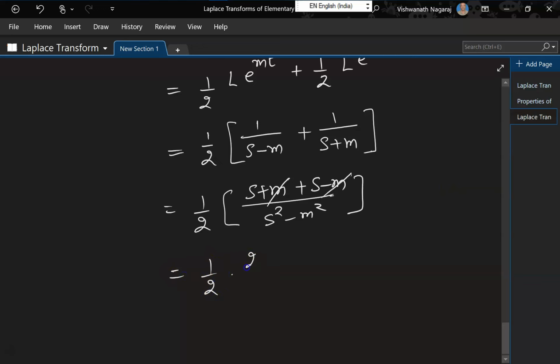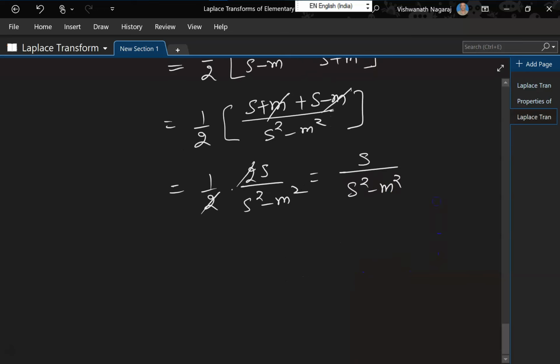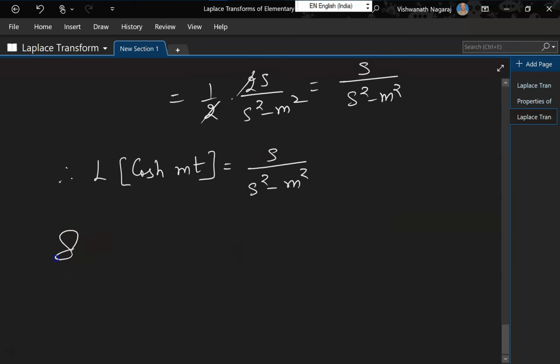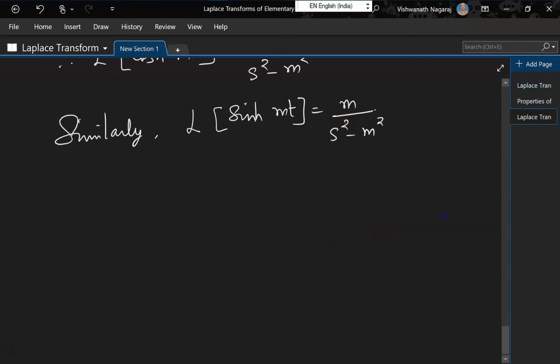Half of 2s by s square minus m square. 2 and 2 cancel. So s by s square minus m square, which means the Laplace transform of cosh mt is equal to s by s square minus m square. And similarly, the Laplace transform of hyperbolic sine of mt is going to be m by s square minus m square. Okay.